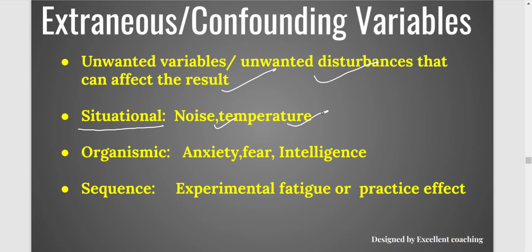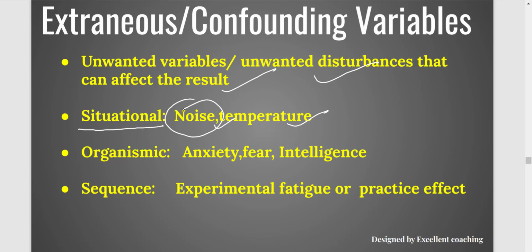Suppose in an experiment we want to see whether a soundproof room can help people to have a sound sleep. So we want to see whether the quality of sleep is dependent on a soundproof room or not. In that case, one variable will be soundproof room, another variable would be sleep. Now, what we don't want there is noise, because we are researching a soundproof room. But if we are still getting some noise inside the room from somewhere, then that noise is a situational confounding variable.